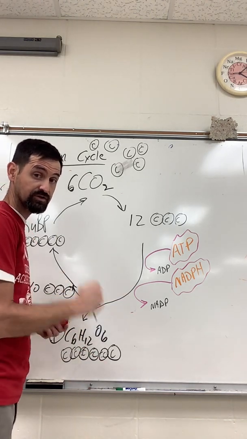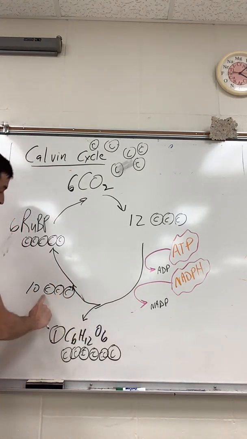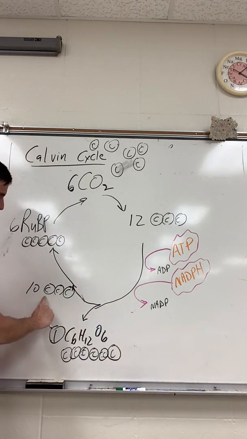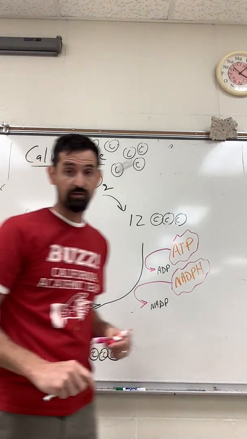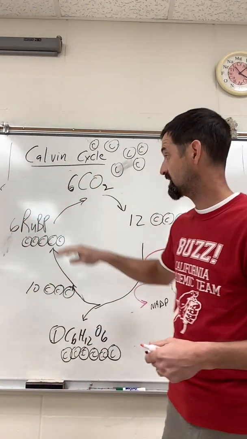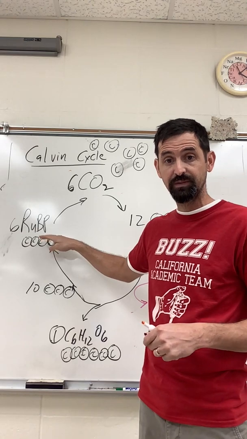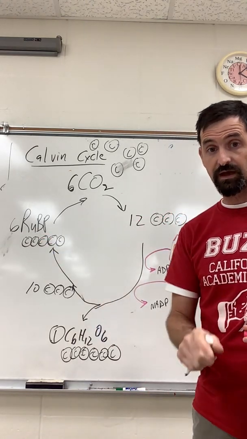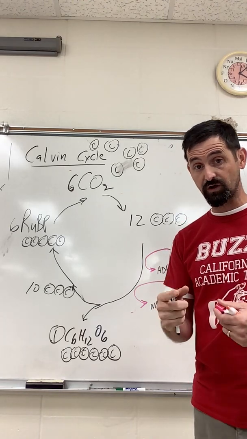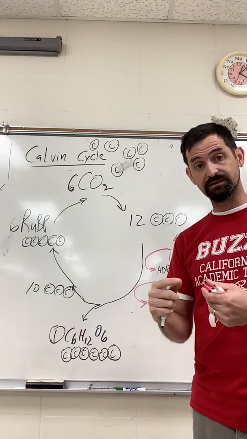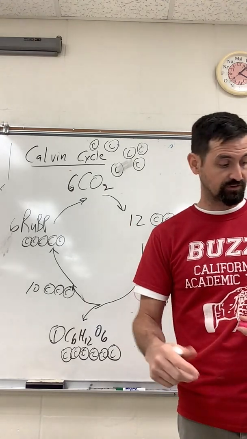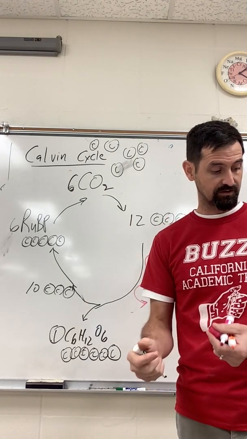Okay, so we've got our sugar. We need to, in order to get back up here, rearrange these 3 carbons to get them back into that initial shape, that RuBP, so we can grab more carbons. Remember, this is a cycle. In order to keep the cycle going, you have to reset the cycle back into that initial state. That's called regeneration. So we have to regenerate this cycle.